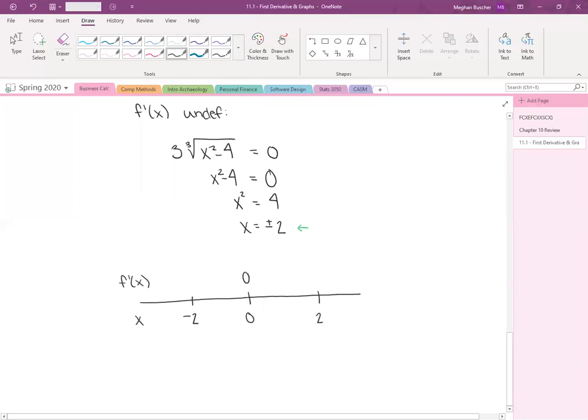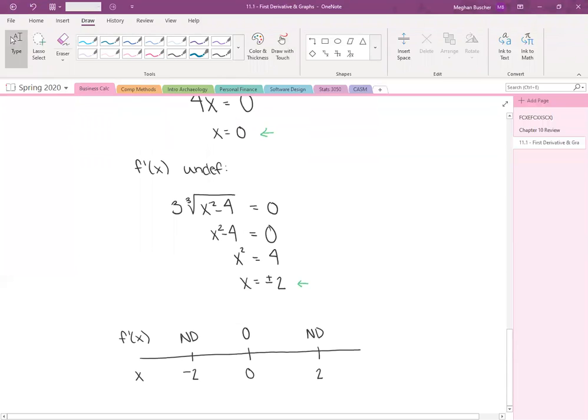We know at 0, the derivative is 0, and at 2 and negative 2, it's undefined. Now we want to find out in each of these intervals whether the derivative is positive or negative, because that will tell us if the function is increasing or decreasing.